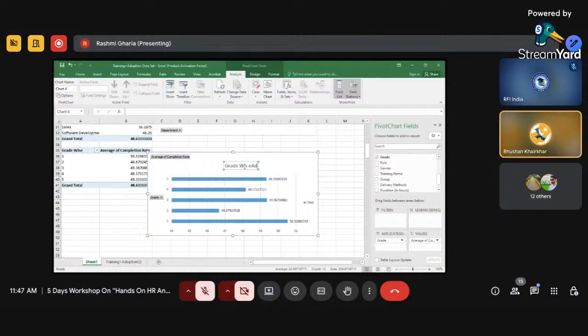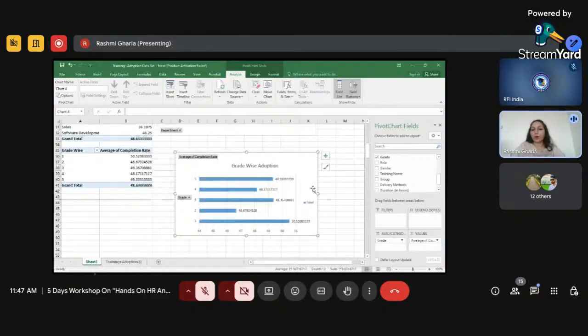What is the adoption rate grade-wise? Which grade employees have a higher adoption rate? Which grade employees have a lower adoption rate?